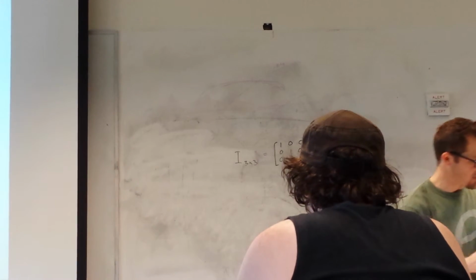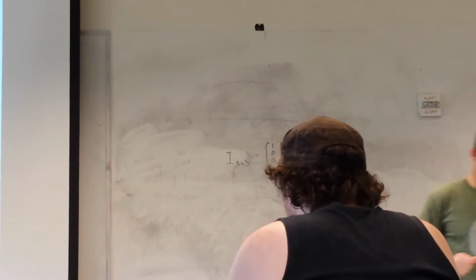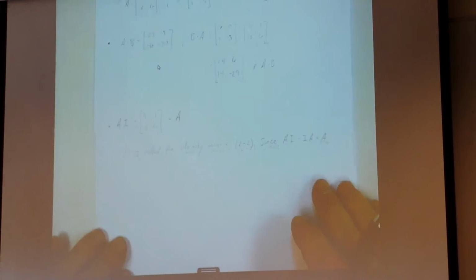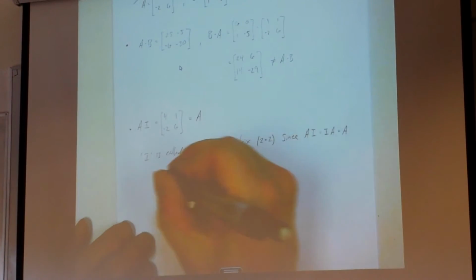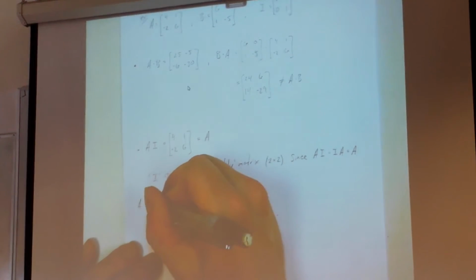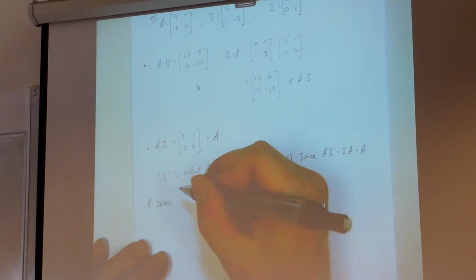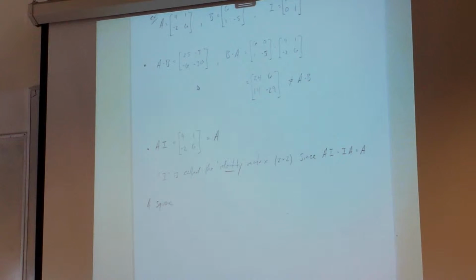So we have an identity element. Another thing we can talk about is inverses. We're going to talk about this briefly. Only square matrices can have inverses. In the real number system, the number 5 has an inverse.